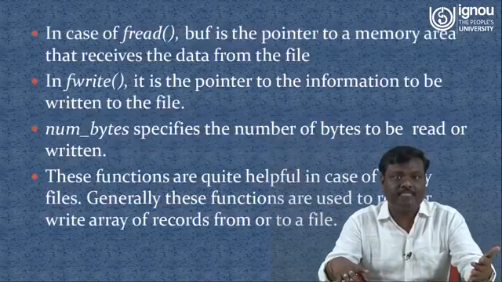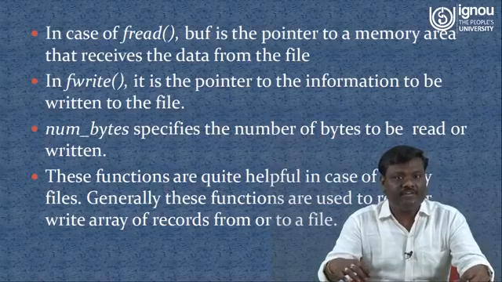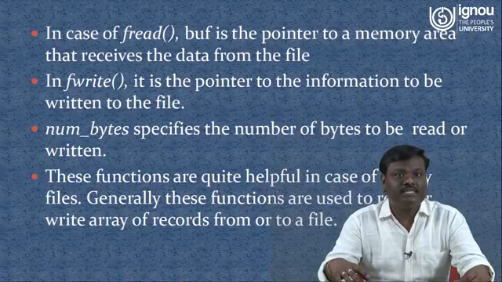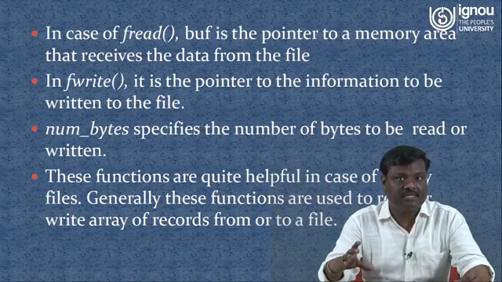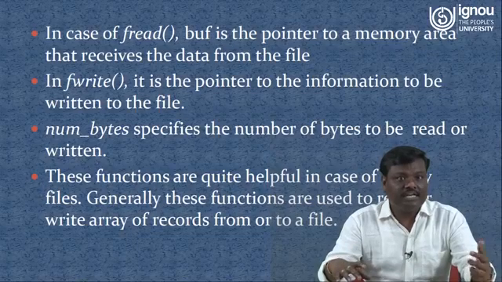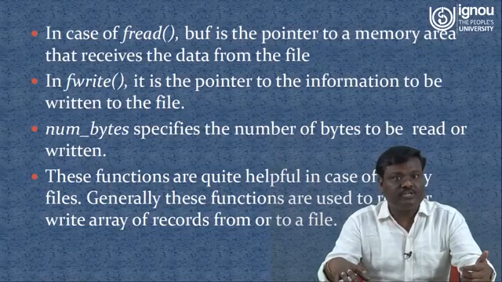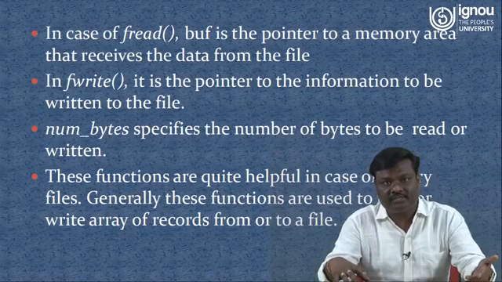Let us read. In case of fread, buffer is the pointer to a memory area that receives the data from the file. So it is marking a certain area, the buffer. In fwrite, it is a pointer to the information to be written onto the file.